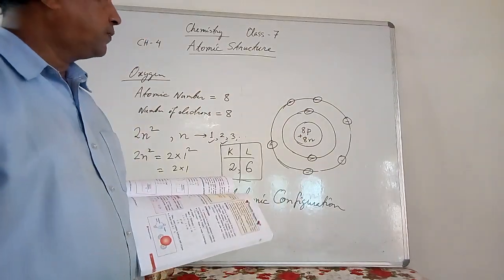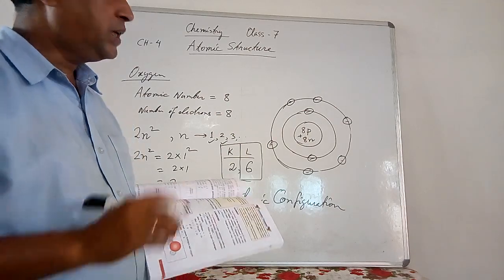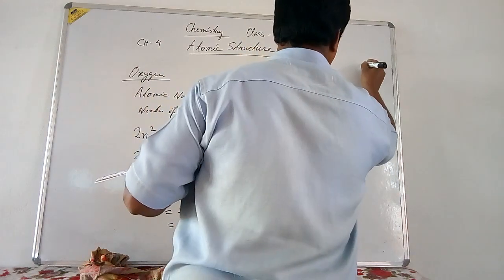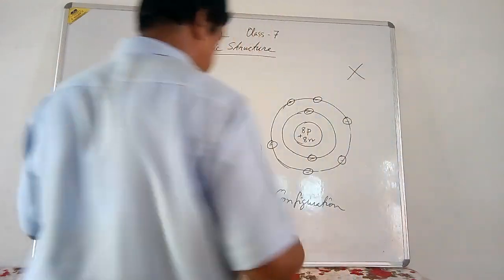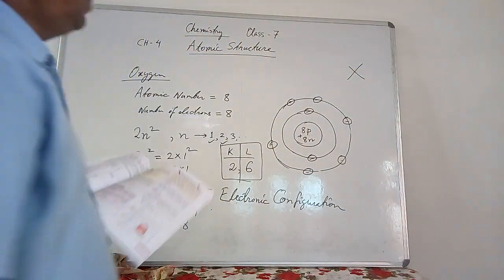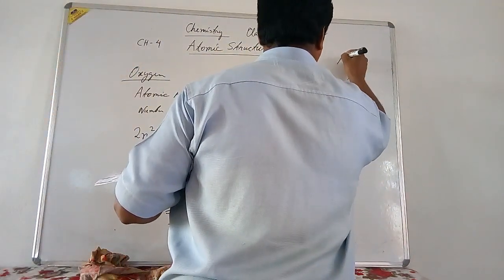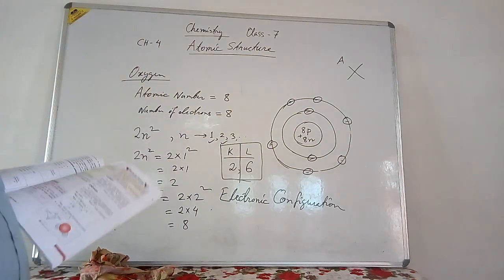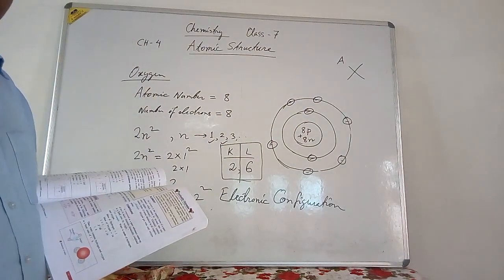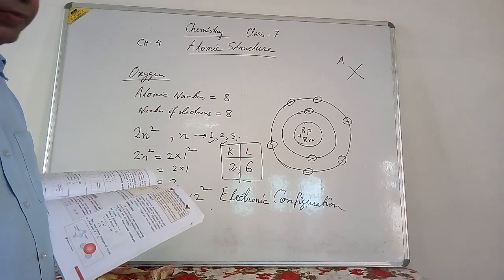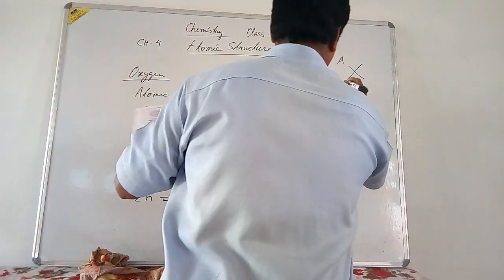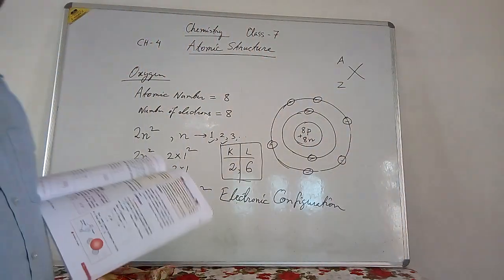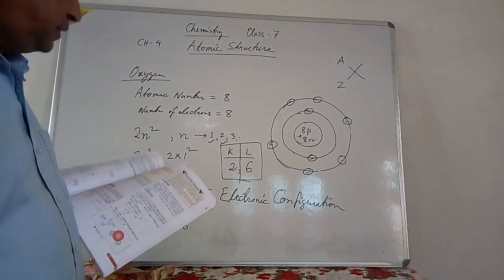Now, how to denote the atomic mass number of an element? Say, an element X. The mass number will be a superscript, on the left-hand side at the top, and the atomic number will be on the left-hand side at the bottom, in the subscript.